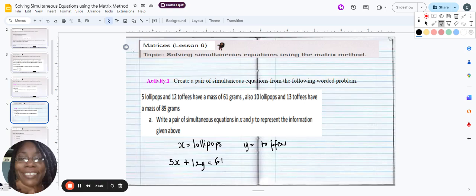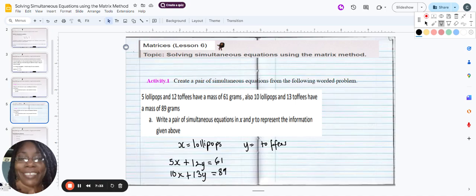And your next equation should look like this: 10 lollipops. So lollipops is represented by x. So it's going to be 10x plus 13 toffees. And both of them weigh 89 grams.